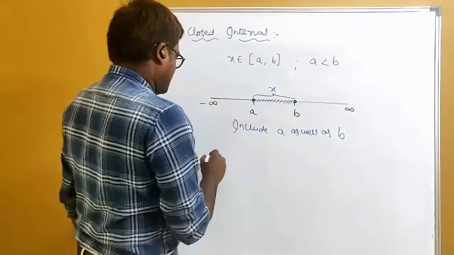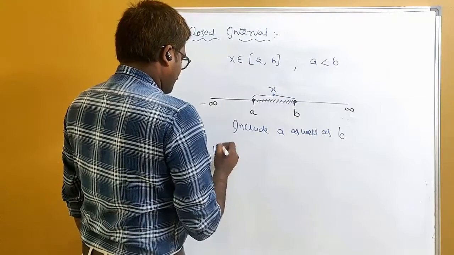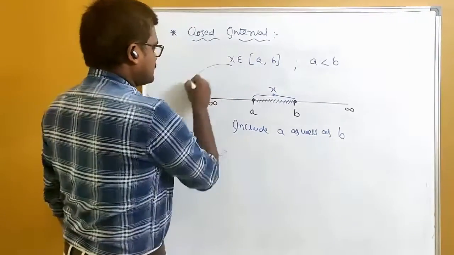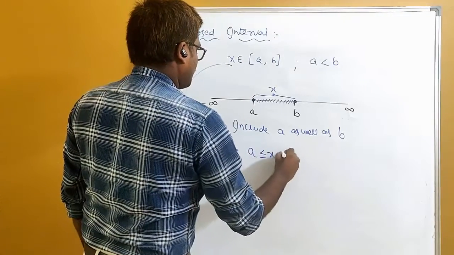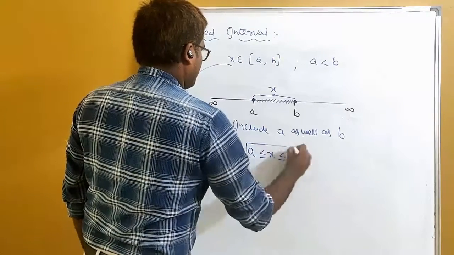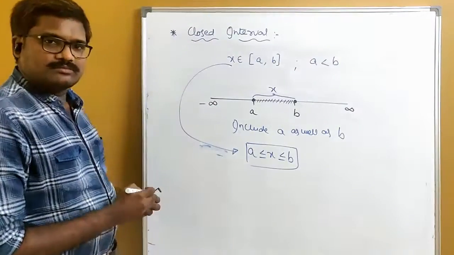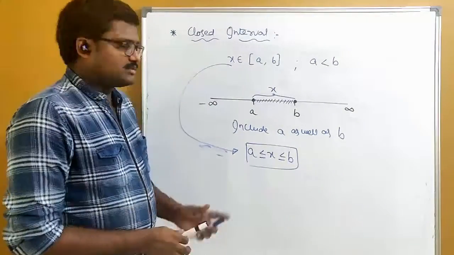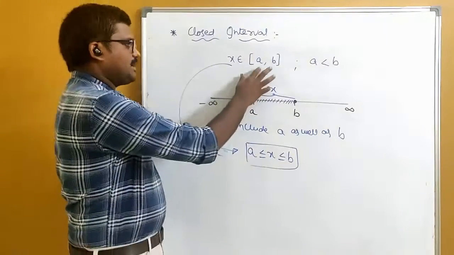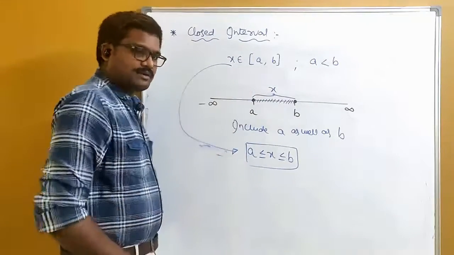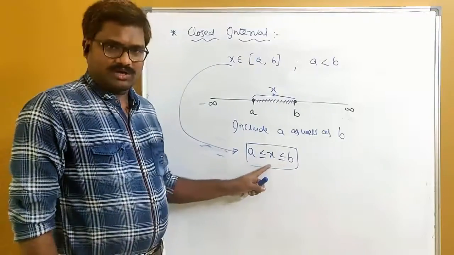Now again, if I take the same example, I can write this closed interval using inequality: A less than or equal to x less than or equal to B. I hope you understood this. These two are the same, but the representation is different. Here I am using closed brackets, interval, but here I am using inequality.